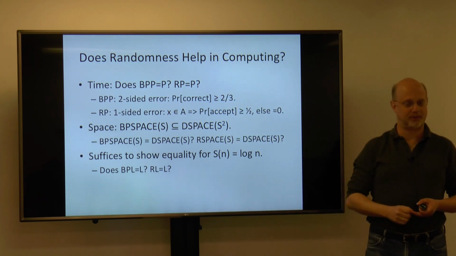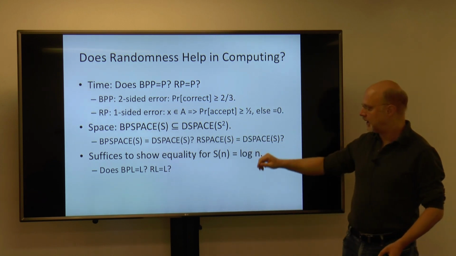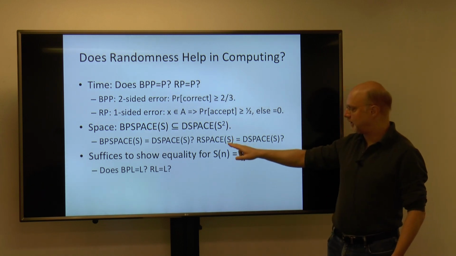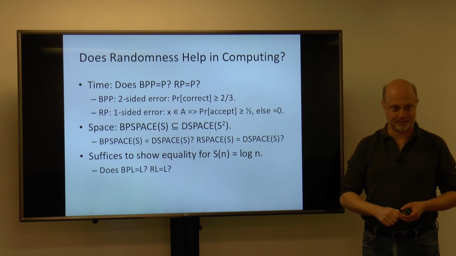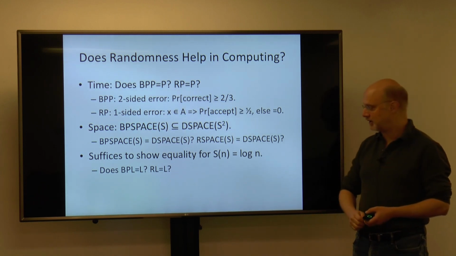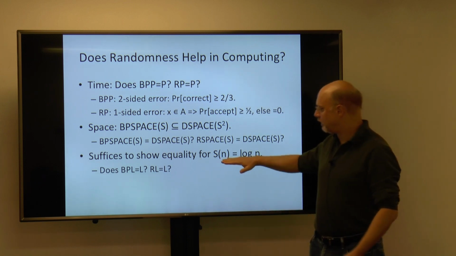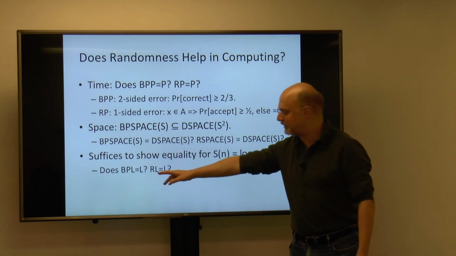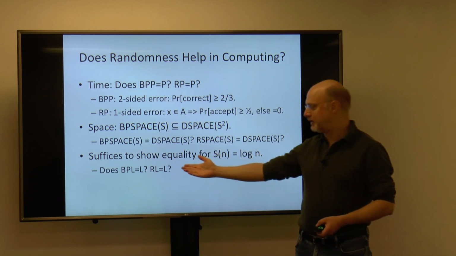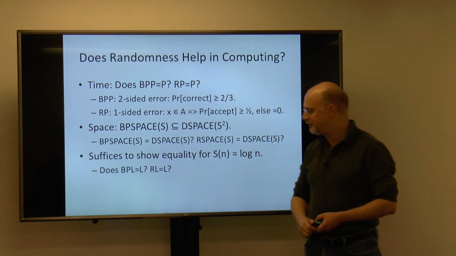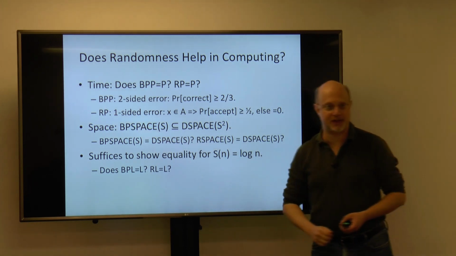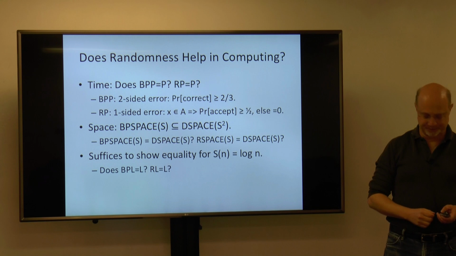I think most people believe that at this point. It would suffice to show that they're equal just for space log n, and that would imply it for any larger space, or space constructible. If we restrict to log n, then we get the questions, does BPL equal L? BPL stands for BP space S. And does RL equal L? These are the guiding questions in this area.